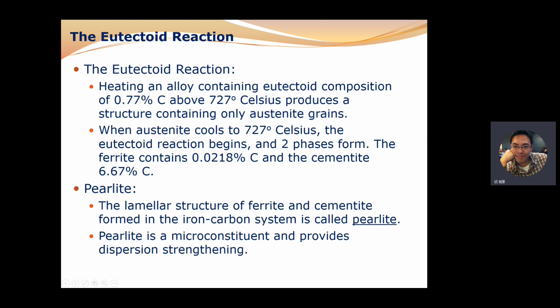And when austenite cools to 727 Celsius, the eutectoid reaction begins, and two phases form: the ferrite, containing about 0.22 weight% of carbon, and the cementite, 6.67 weight% of carbon. So this is the eutectoid reaction.